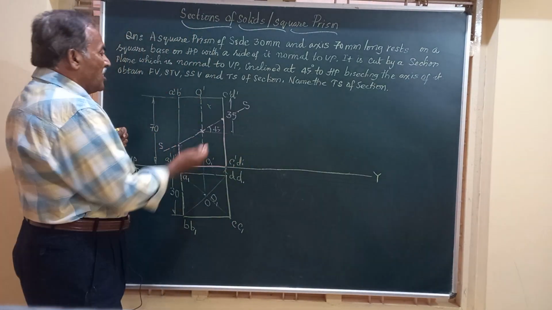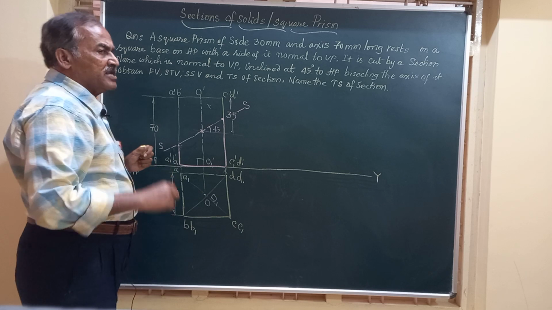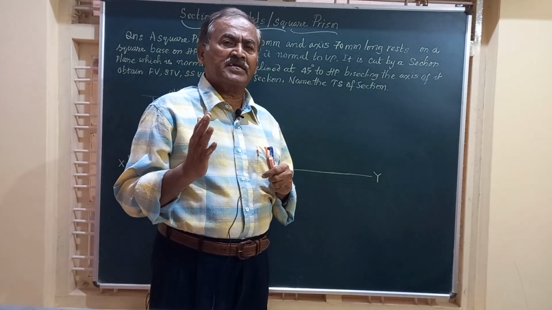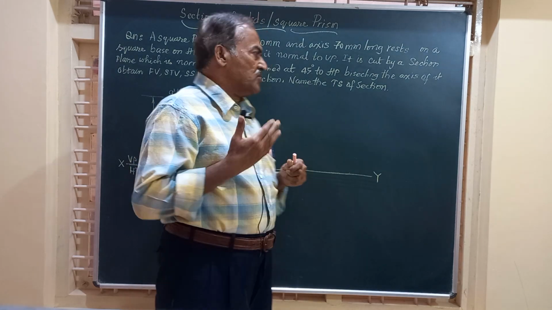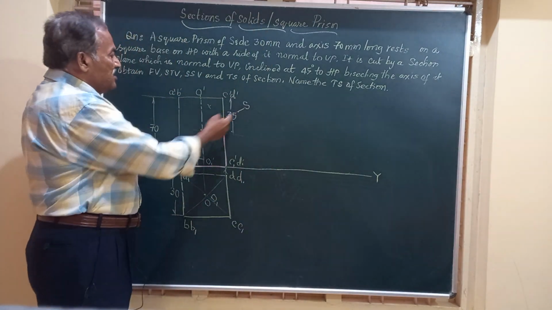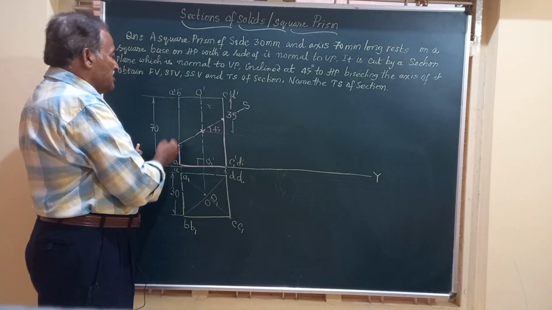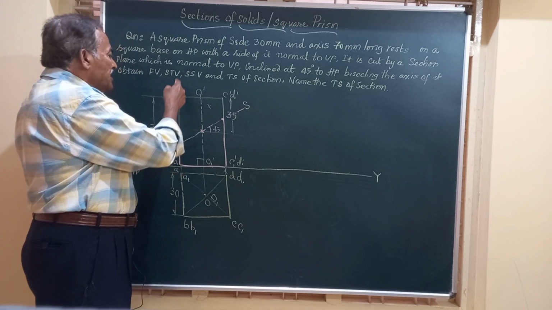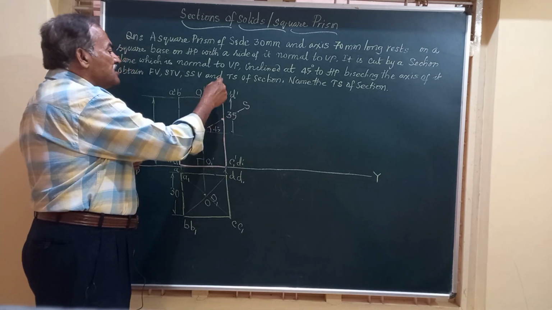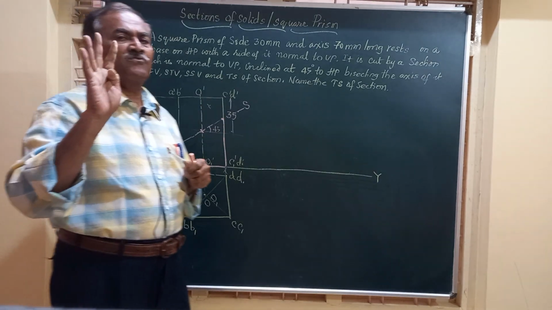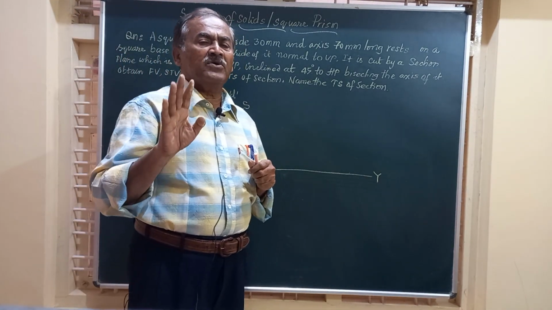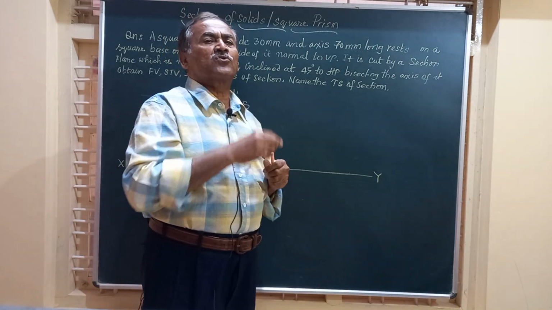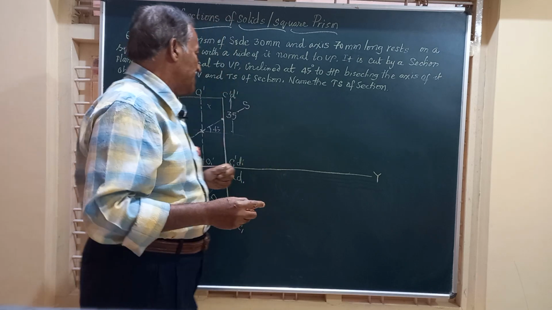Friends, after we throw out, let us see where the section plane is cutting the solid. As you observe here, this section plane SS is cutting the vertical edges AA, BB, CC and DD. So there are 4 points where the section plane is cutting all the 4 vertical edges of the solid.